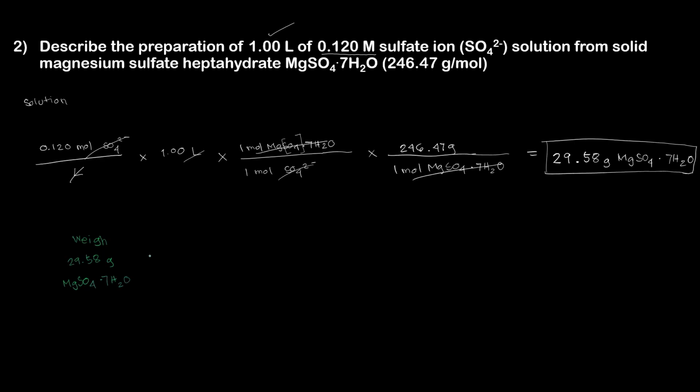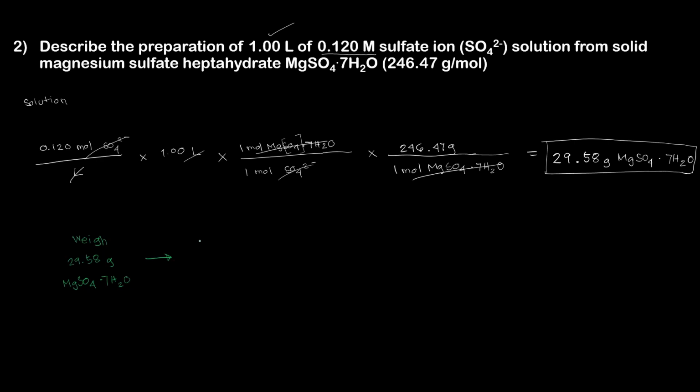If you are curious, hydrated salts are solid, usually in a crystal form. These are usually weighed using an analytical balance. After weighing 29.58 grams, place it in what volume? 1 liter. Thus, you need to prepare 1 liter of sulfate ion solution.